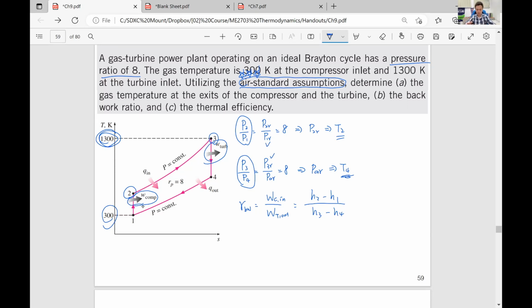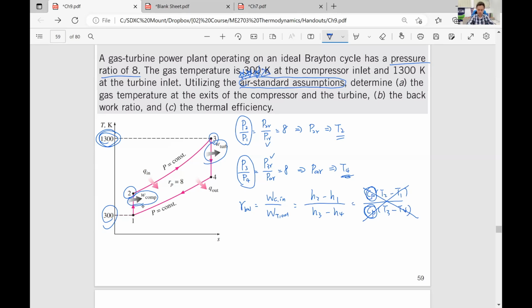But make sure you use the table to get enthalpy. You cannot use Cp times T2 minus T1 or Cp times T3 minus T4, because we need to take the variation of the specific heats over the temperature into account.